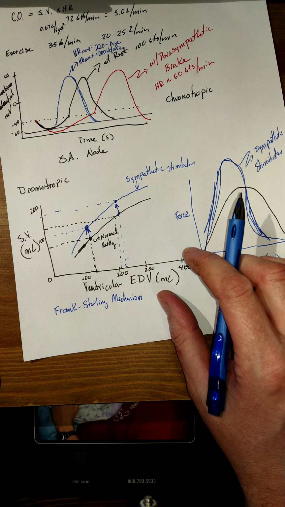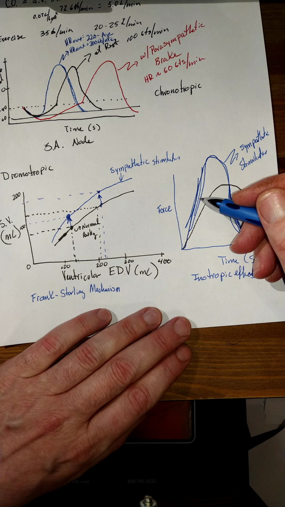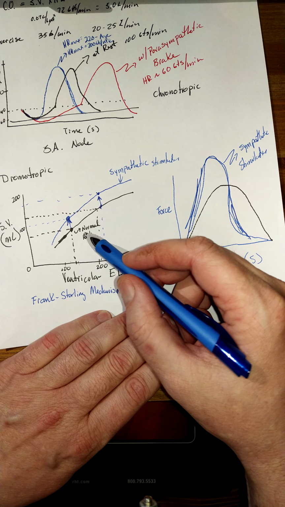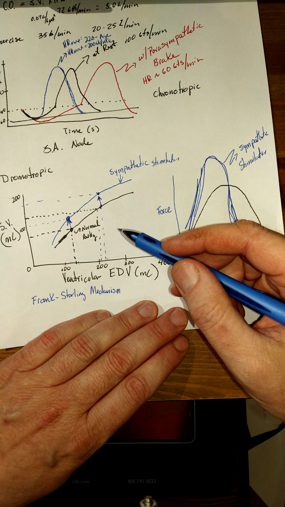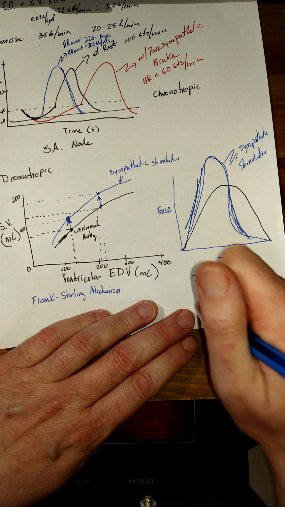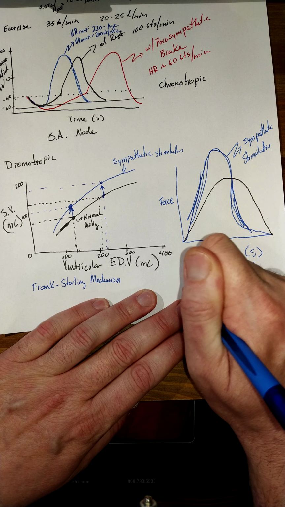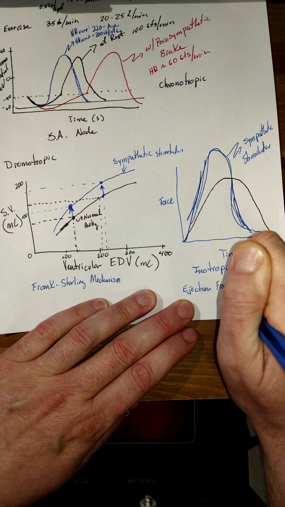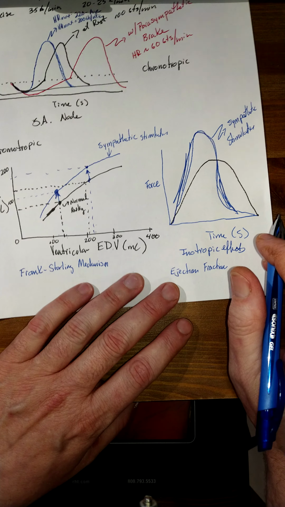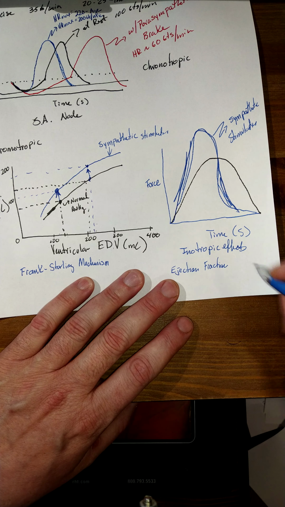One last thing to think about is we want to quantify contraction. So we've talked about contractility as well, but we wanted to quantify it. So if you were at the doctor's office, they would be looking at more of an ejection fraction. And this is a way of quantifying the ratio of stroke volume to end diastolic volume.